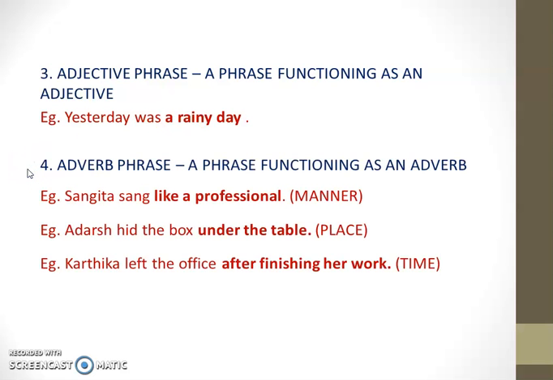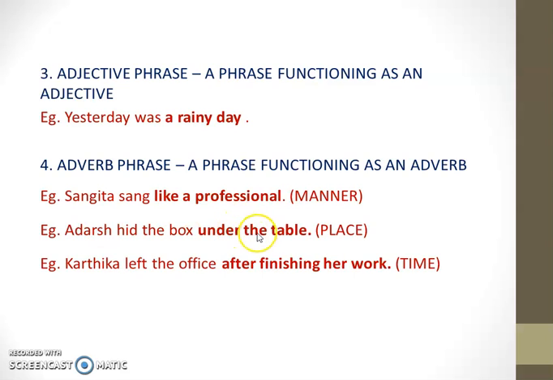Coming to the next kind of phrase, that is adverb phrase. An adverb phrase is a phrase that functions like an adverb. There are three different examples given here. First one, Sangeeta sang like a professional. Here the adverb phrase is like a professional. And it shows the manner in which Sangeeta sang, and therefore it is an adverb phrase of manner. Coming to the second example, Adarsh hit the box under the table.